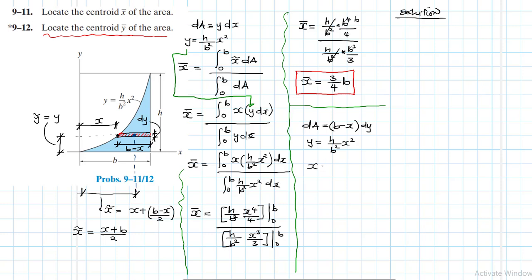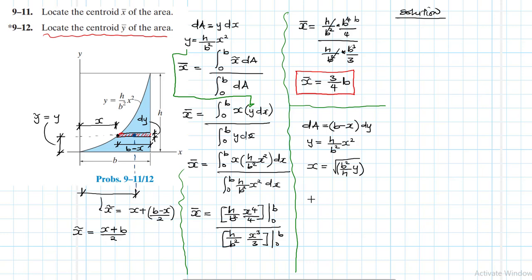So rewriting this, it becomes x equal to the square root of b squared divided by h times y. Everything else is in that square root. Of course, you expect a plus or minus, but for us, we are just going to use the positive value.